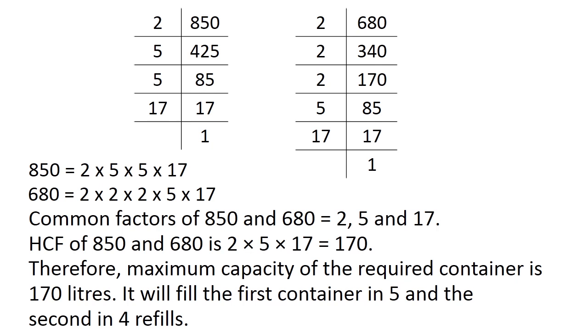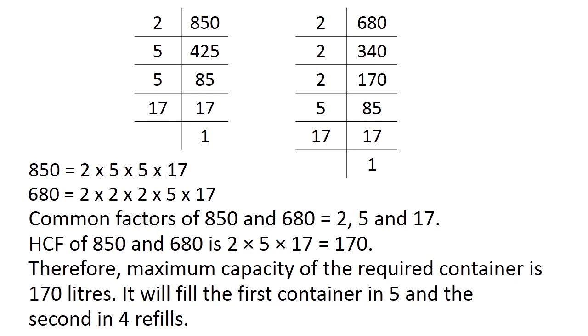850 is equal to 2 multiply by 5 multiply by 5 multiply by 17, and 680 is equal to 2 multiply by 2 multiply by 2 multiply by 5 multiply by 17. The common factors of 850 and 680 are 2, 5 and 17.